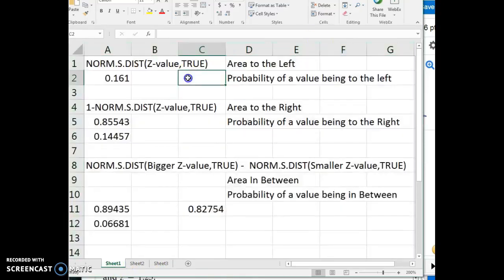So again, going back to what we did for 3 through 8, you're going to use these formulas in Excel: this one for the probability of being left of a certain value, 1 minus for the probability of being right of a certain value, and then use the formula for both values if you're doing in between, and just subtract the smaller one from the bigger one.